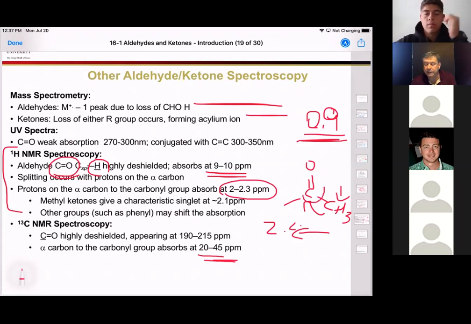However, the carbonyl carbon itself is shifted way high, almost above 200 ppm. So both aldehydes and ketones, that carbonyl carbon will show up right around 200 ppm, which is shifted about 150 ppm from where you expect it to be in a regular straight chain alkane.